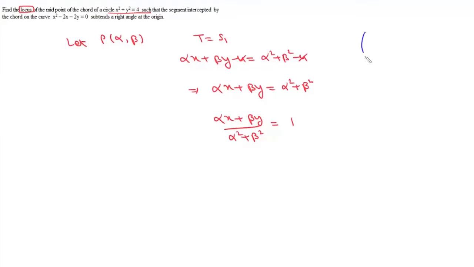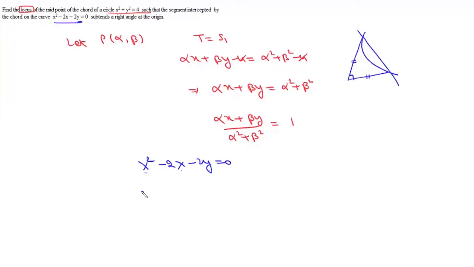Now this chord intercepts this segment which subtends a right angle at the origin. So what we'll do is find the equation of this pair of straight lines, and we get this equation of the pair of straight lines by making this curve homogeneous. So we have this curve which is x square minus 2x minus 2y equals 0, and we have to make it a homogeneous curve in degree 2. Now this degree is already 2, here the degree is 1, and here also the degree is 1.